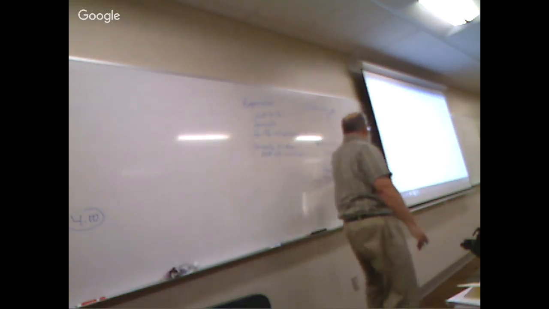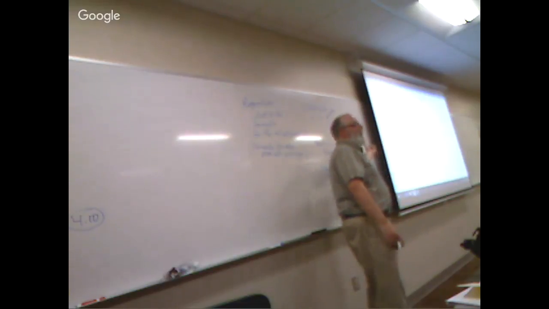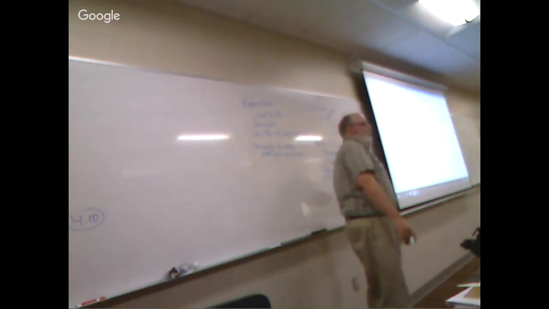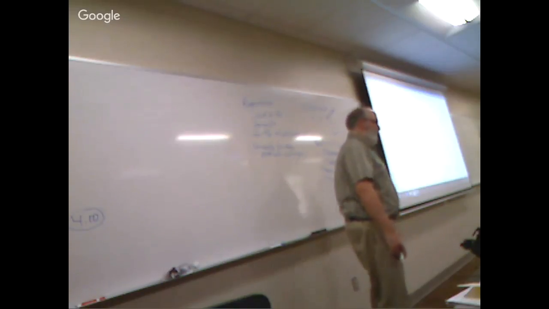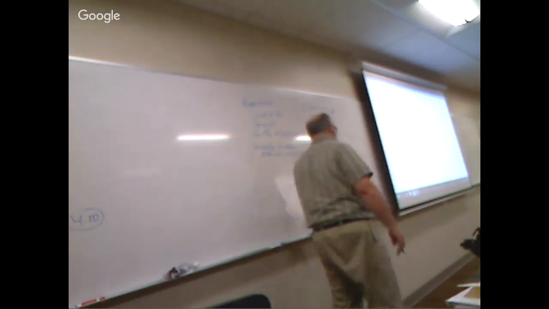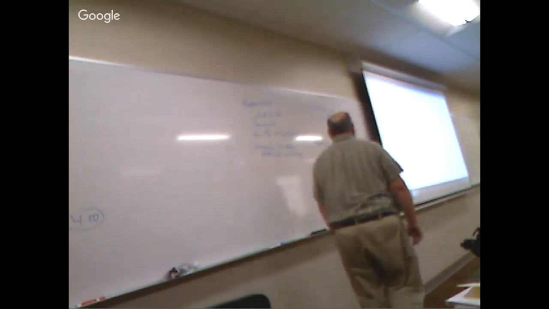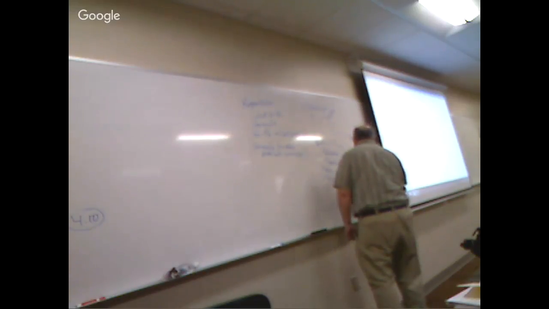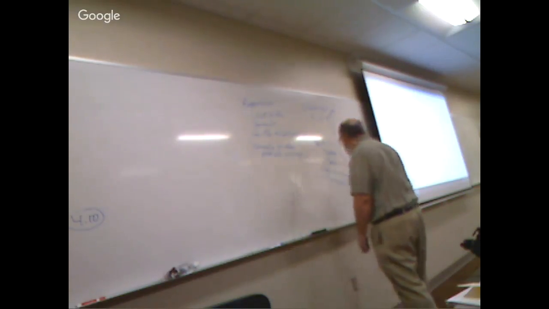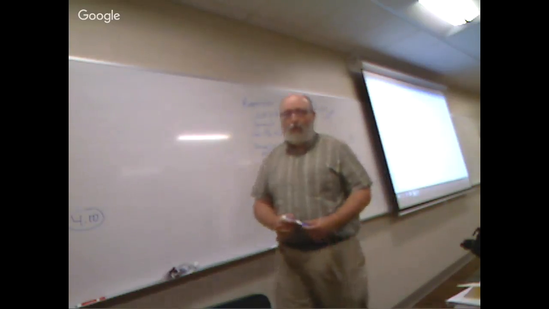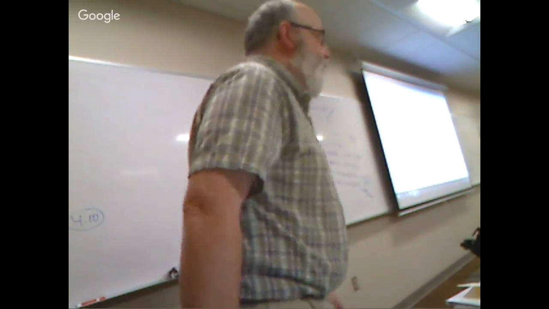Whether that's in the first part of the formula or the second part of the formula doesn't matter. Whatever number is in front of x is the slope. What's the intercept? It's the other number. So there are two numbers in a formula. The one in front of x is the slope. The other number is the intercept.